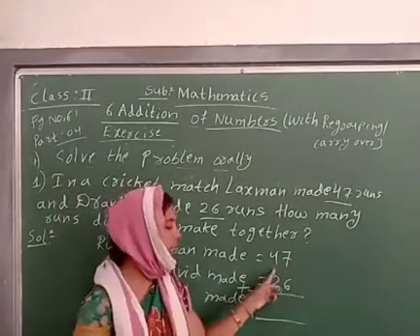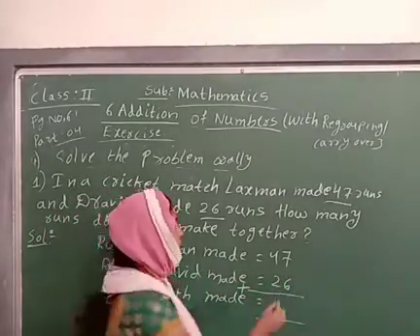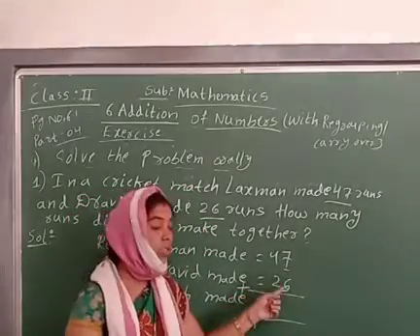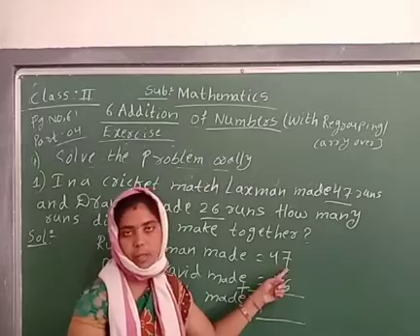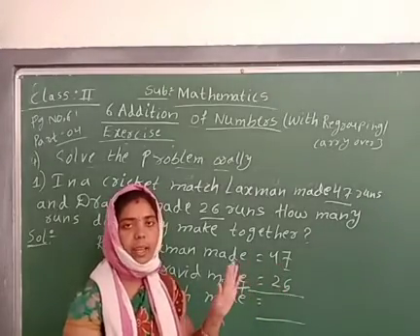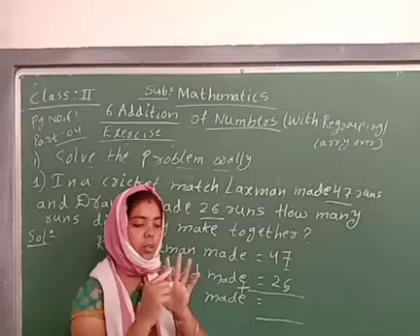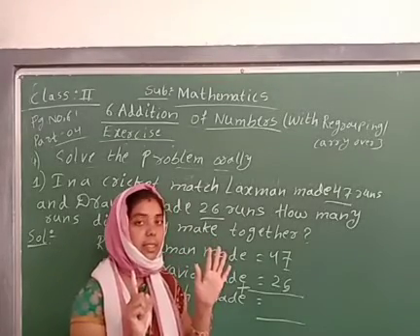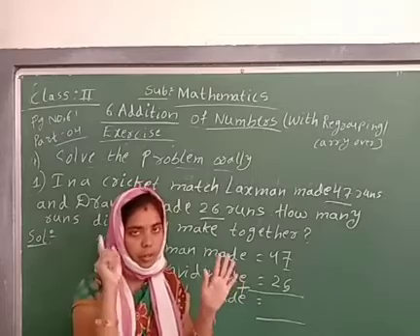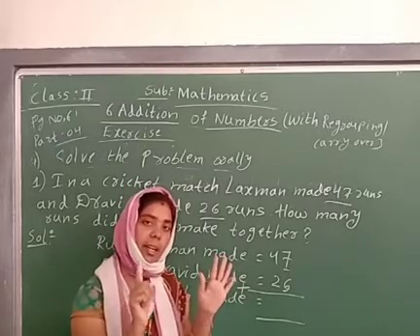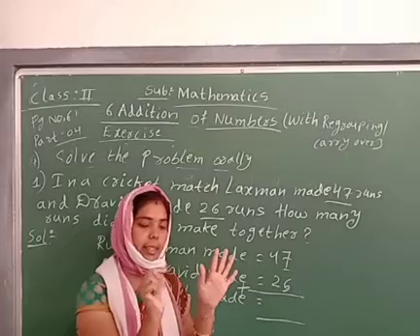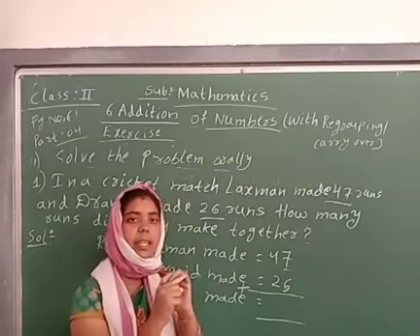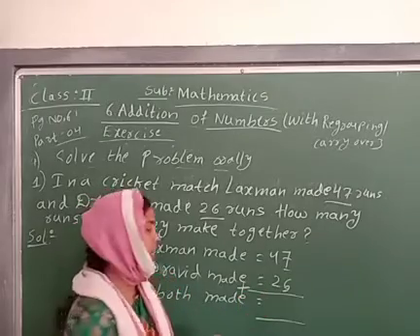So here 47 and 26. The ones place numbers are 7 and 6. 7 plus 6: in these numbers too, which one is big, children? 7 is the big number, so keep 7 in your mind and add 6. After 7 comes 8, so count: 8, 9, 10, 11, 12, 13. 7 plus 6 is how much, children? 13.